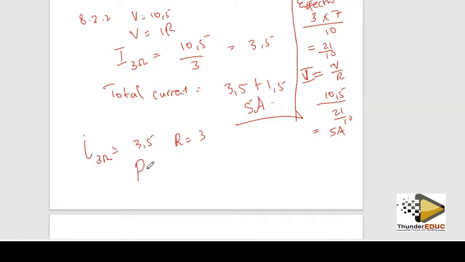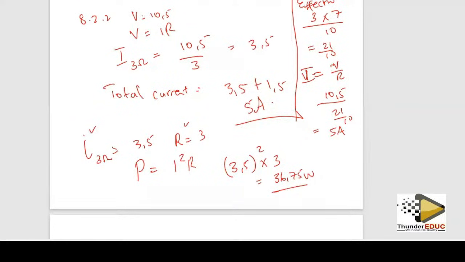All we need is the formula of power that has current and resistance, which is I squared R. So it's going to be 3.5 squared times my 3. When I simplify that, I'm getting 36.75 watts.